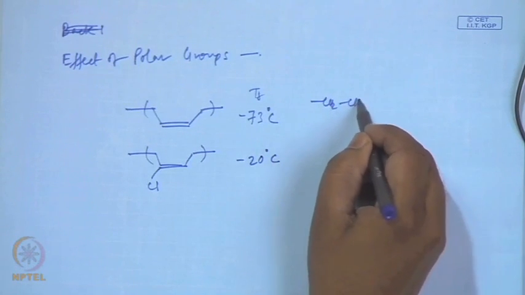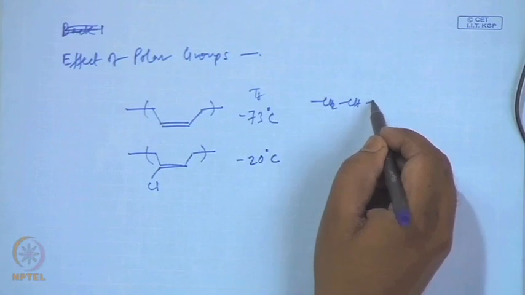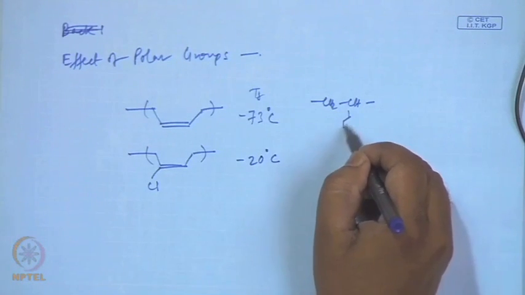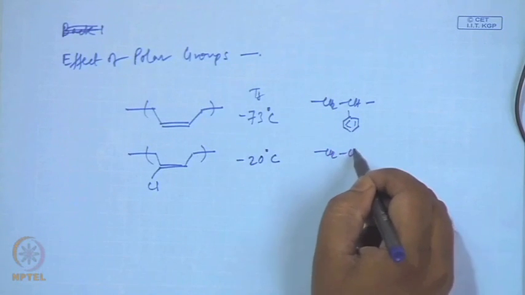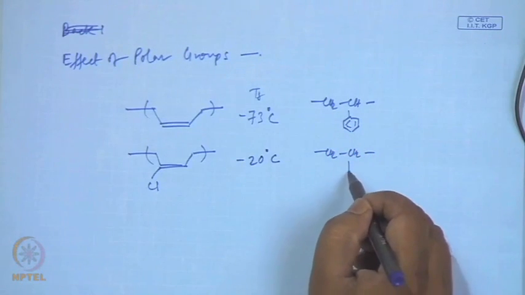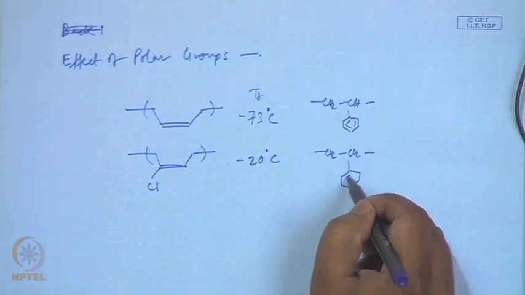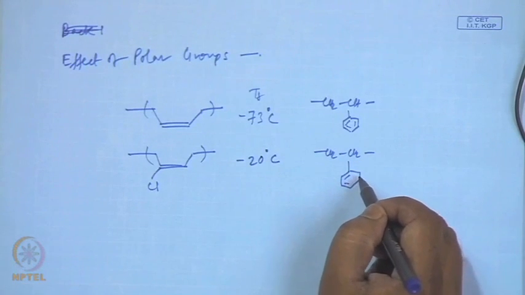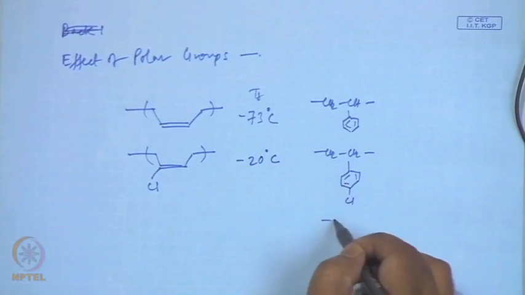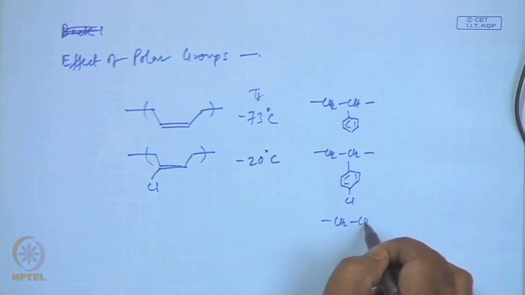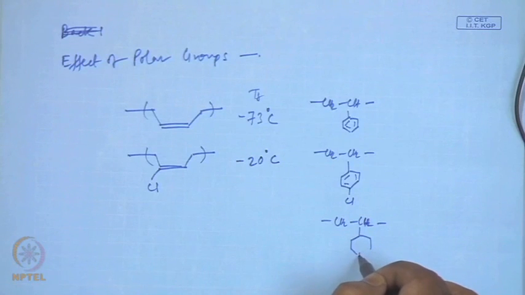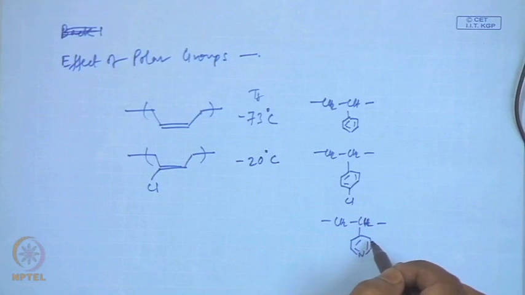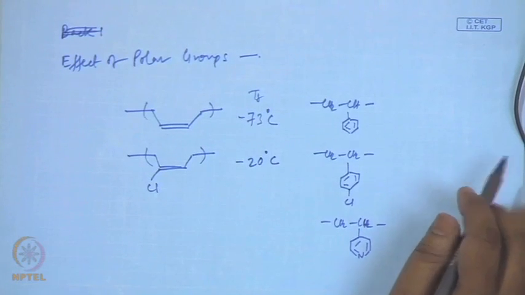Compare another set of polymers, polystyrene, poly4-vinyl chlorobenzene, and poly4-vinyl pyridine.